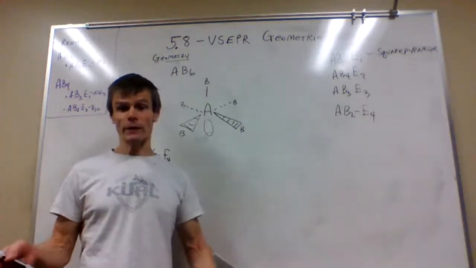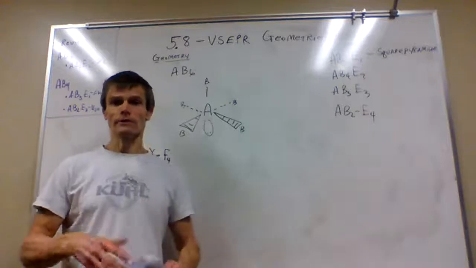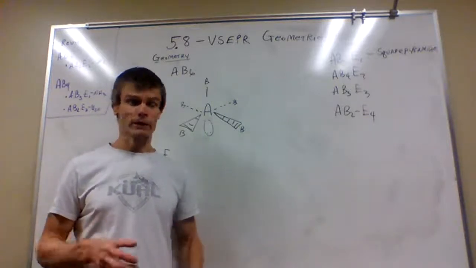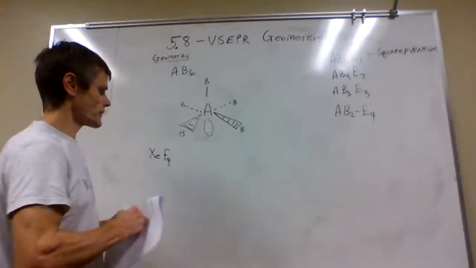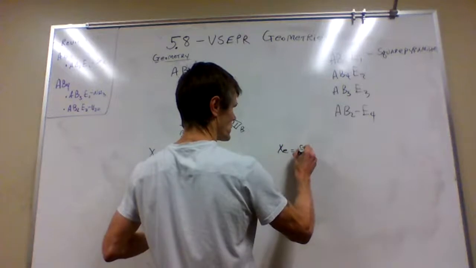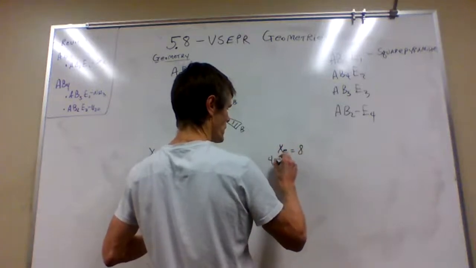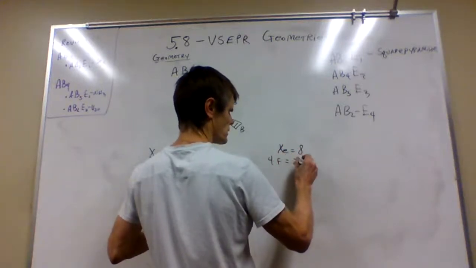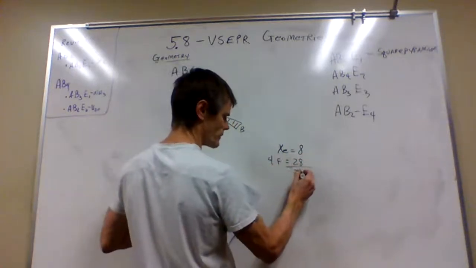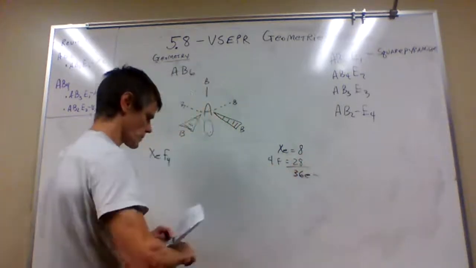Both of these are valid reasons for accepting that noble gases do form molecular compounds. So in this case, xenon has 8 electrons, and there are 4 fluorine. 4 times 7 is 28. We have 36 electrons to work with.